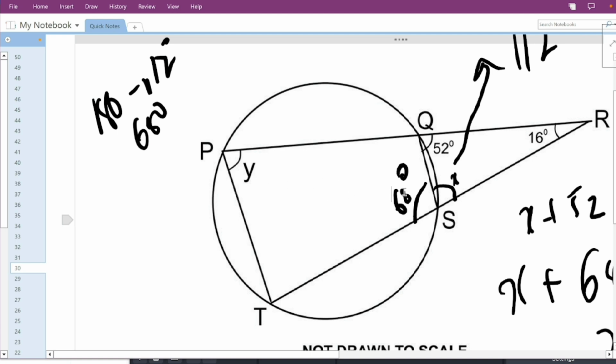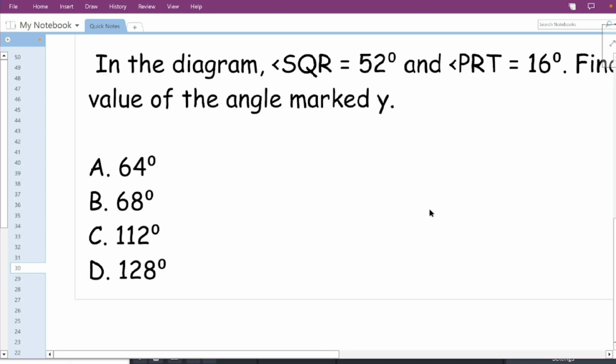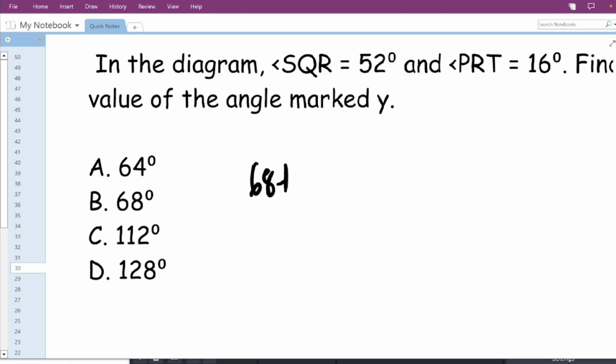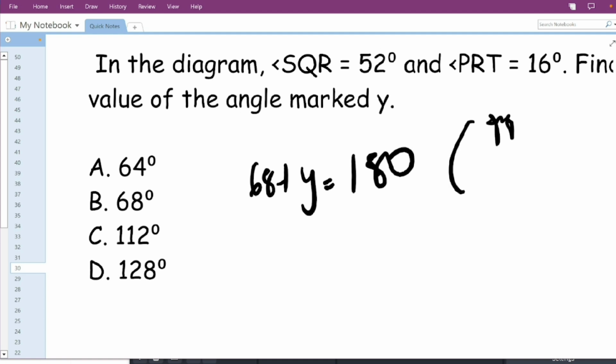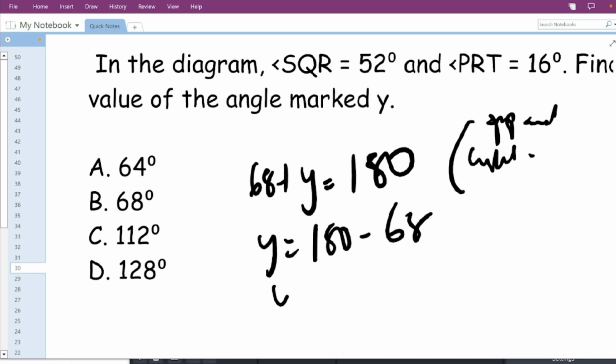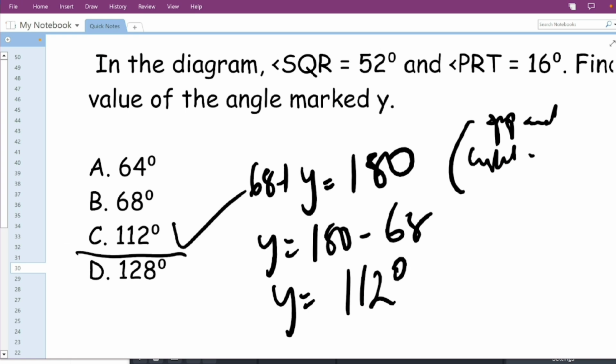That means Y plus 68 should be 180, and Y can be gotten by saying 180 minus 68. So we can have it as 68 plus Y equals 180. That's opposite angles of a cyclical quadrilateral. So we have Y equals 180 minus 68. 180 minus 68 will give us 112 degrees. Our answer is therefore C, 112 degrees.